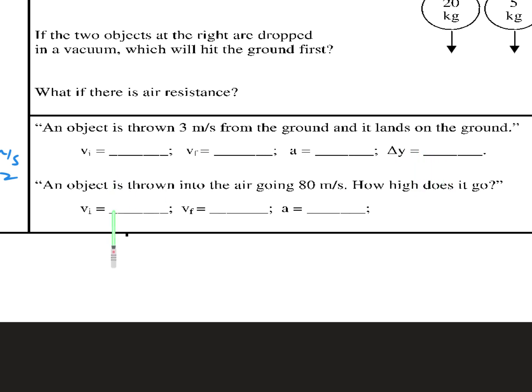Now, one thing that's really important here, and a lot of us have problems with this: when we're throwing things up and throwing things down, we don't care about what causes the motion or what stops the motion. We only care about it in the air.